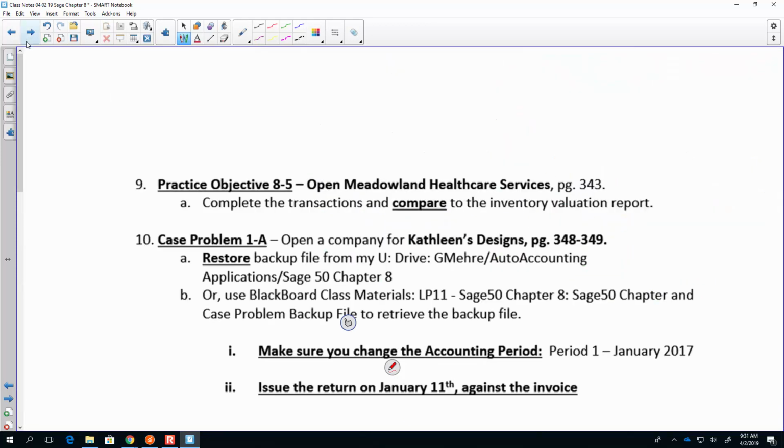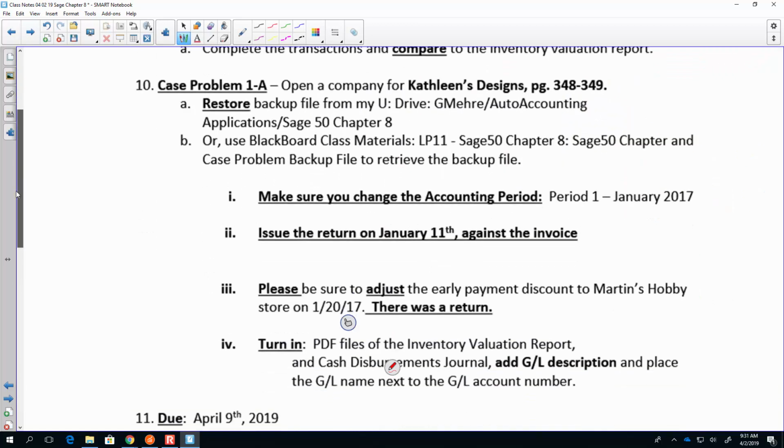Page 4. The case. Can I have you go to page 348, please? Kathleen's design. It's the month of January is the time frame.